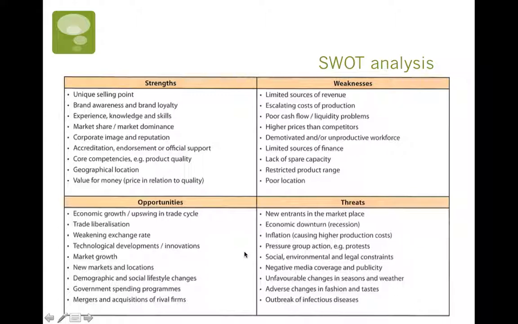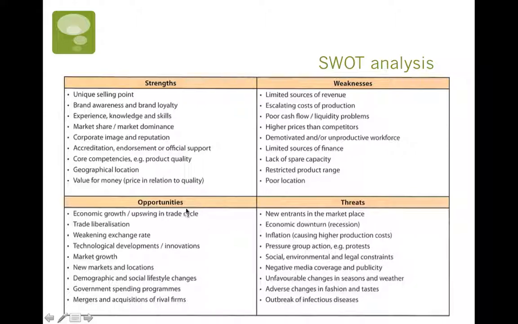The threats, just like opportunities, are external to the business. So this might be things like economic recession. It might be things like rivals and competitors in the market. It could be things in the environment like natural disasters or disease. It could be things like pressure groups, which are protesters or campaigners that are protesting against a particular business action.